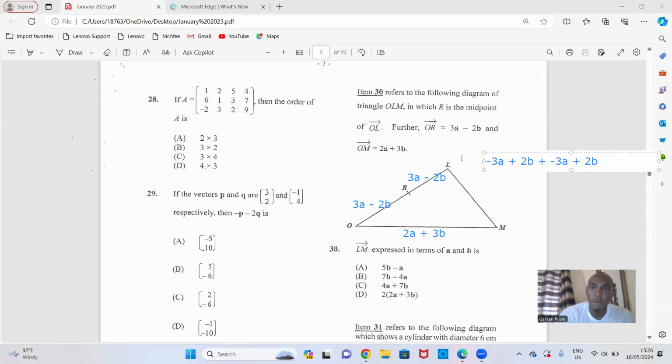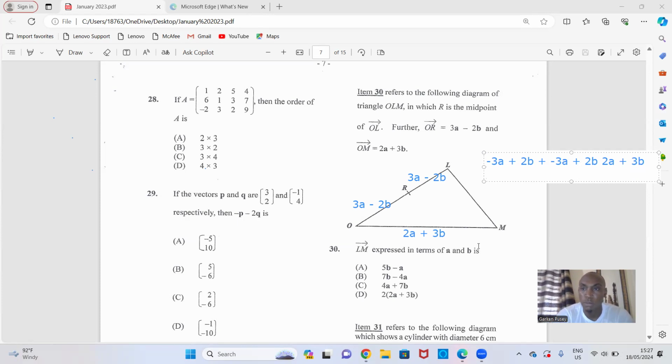So we're basically going from L to O. So we're just changing the sign, right? What we could have done is find O to L first, and then change the sign. All right, well, let's just do it step by step. So we're at O now, so we need to go from O to M, which is 2A plus 3B. So we're not changing any sign there, plus 3B.